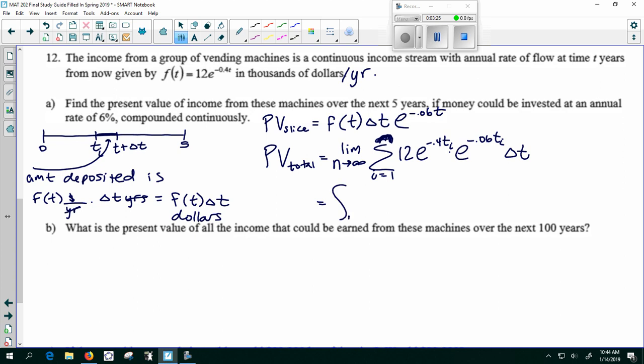This is the integral from 0 to 5 of 12e to the negative 0.46t dt. I added the negative 0.4 and the negative 0.06 because those are like bases, so you add the exponents.